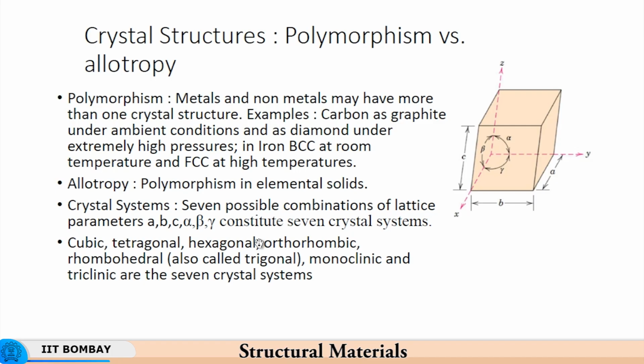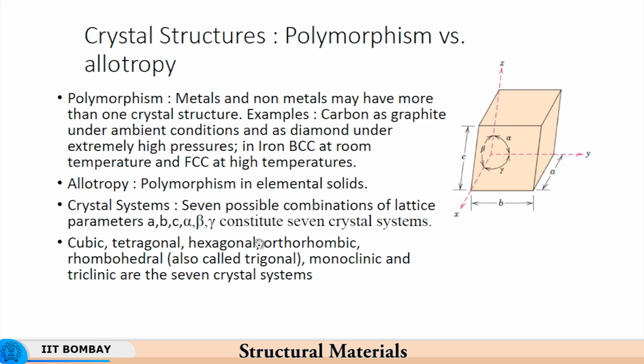So, depending on this you will get, for example, a body centered tetragonal structure where A is equal to B, but it is not equal to C. So, all angles alpha, beta, gamma are 90, but A and B are equal, C is much greater than A and B. So, this is called as a tetragonal structure, and that gives you a great deal of hardness in the material as compared to when all 3 are equal.